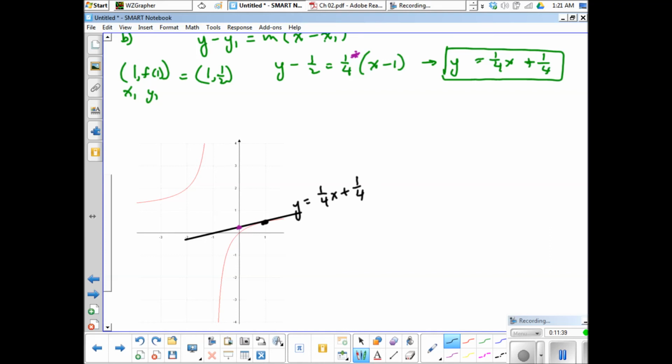Okay, for part C, what they'd like us to do is to find the equation of the line that is normal to this line. Now this is called tangent, and I guess I probably should have mentioned this, but this is a tangent line to the point 1 comma 1/2.